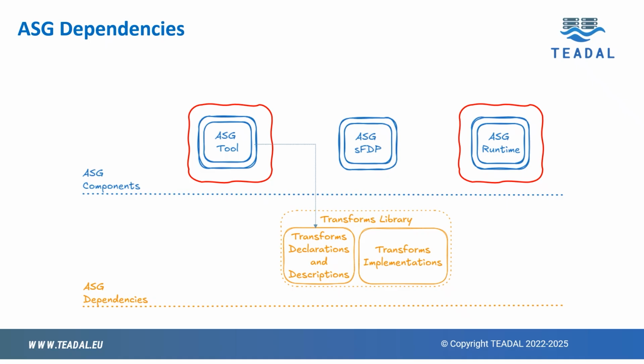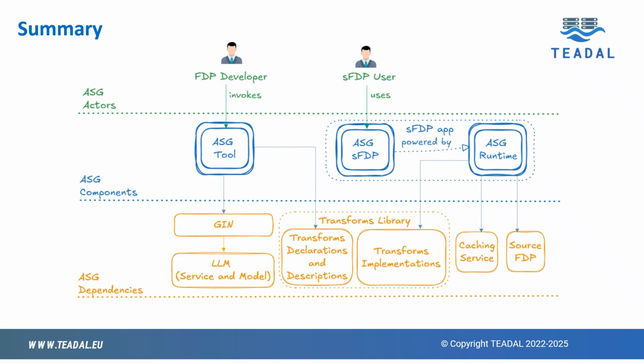At execution time, the ASG runtime identifies transforms by their names listed in the generated execution plans and then loads and executes the transform methods' implementations. This diagram summarizes the ASG subsystem, its key actors, its components, and the supporting dependencies involved.